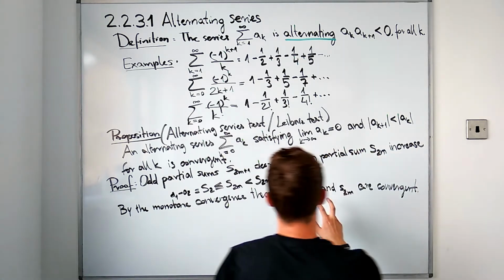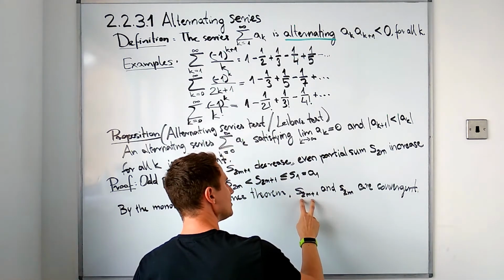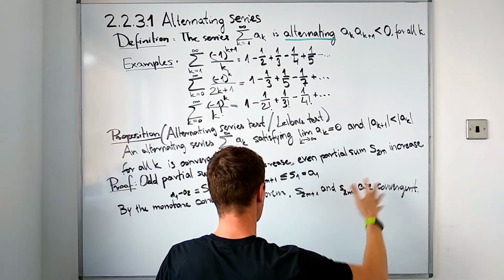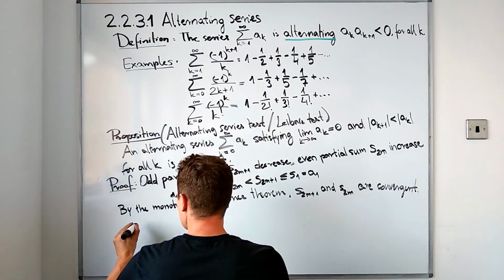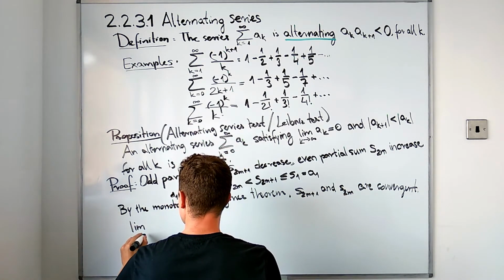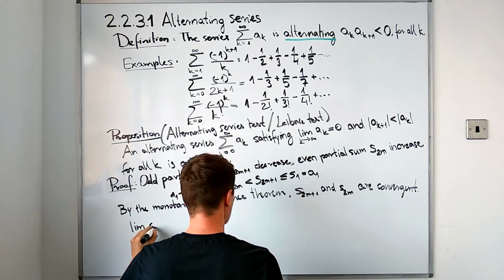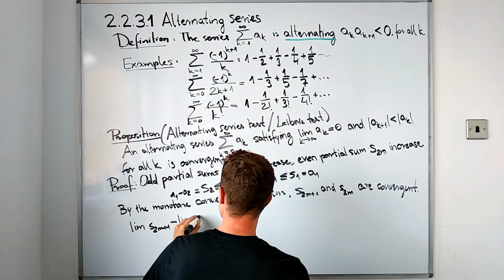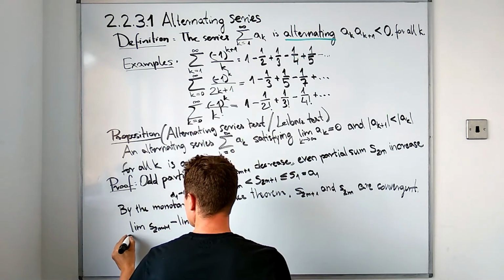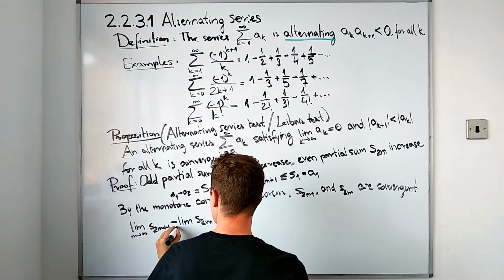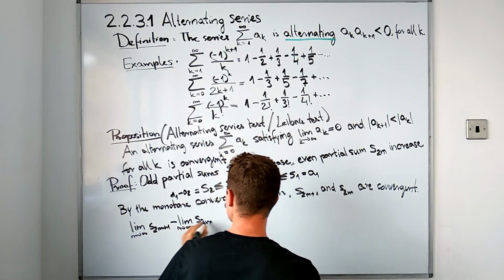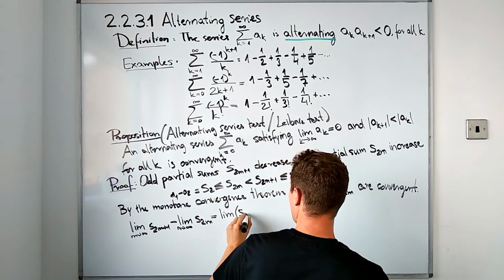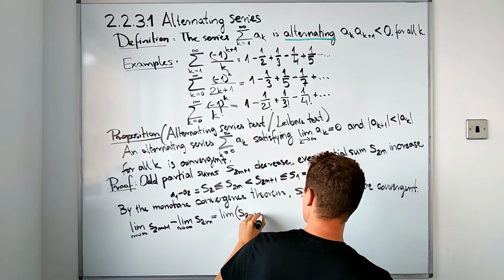One is a decreasing sequence that is bounded below, the other one is an increasing sequence that is bounded above. They are both convergent, and to see that they do have the same limit, the difference of their limits is of course the same thing as the limit of their difference by the limit arithmetic that we have proved.